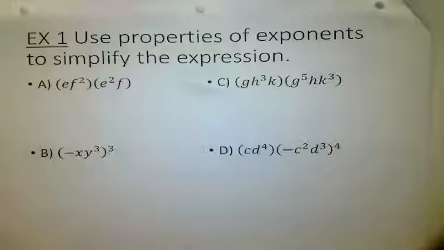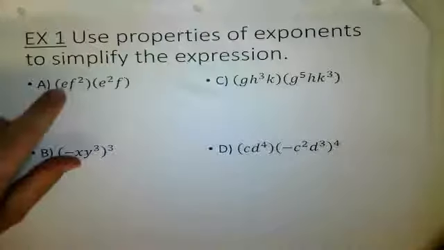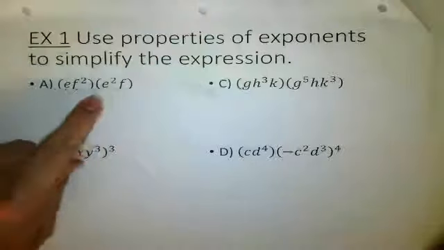So we want to use properties of exponents to simplify the expression. And those properties are just what we talked about. Same base, add exponents, or power raised to a power, we multiply the exponents. I think the easiest thing that I like to do is I don't like seeing the parentheses.